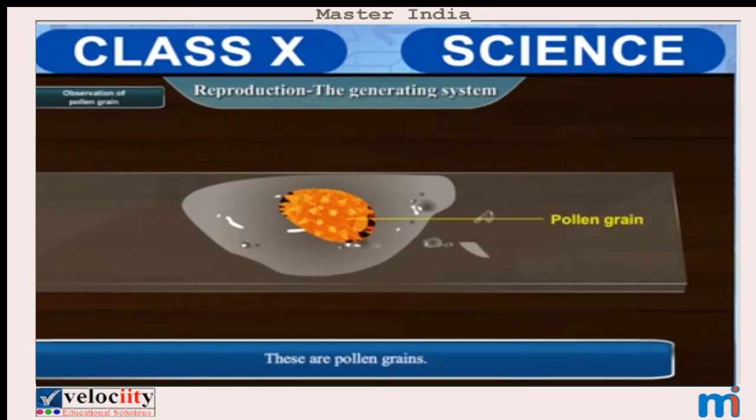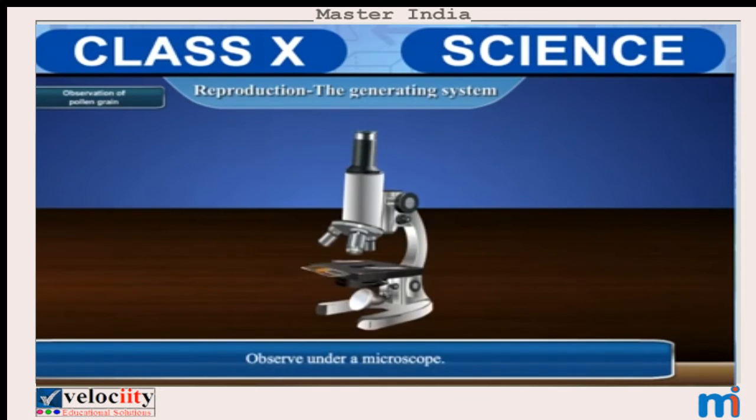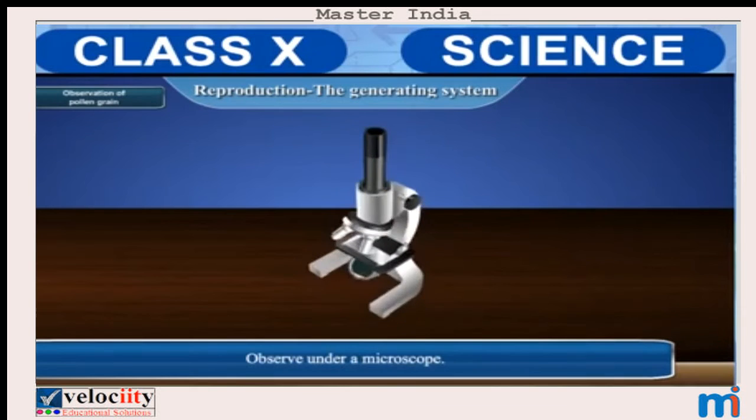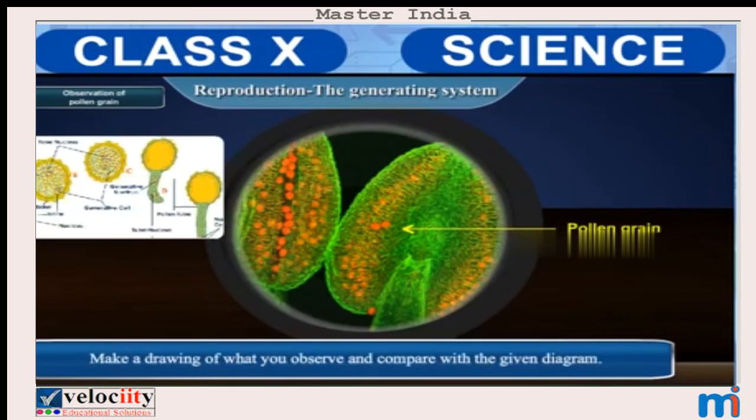These are pollen grains. Take a permanent slide of pollen grain from your lab. Also see a permanent slide of pollen grain. Observe under a microscope. Make a drawing of what you observe and compare with the given diagram.